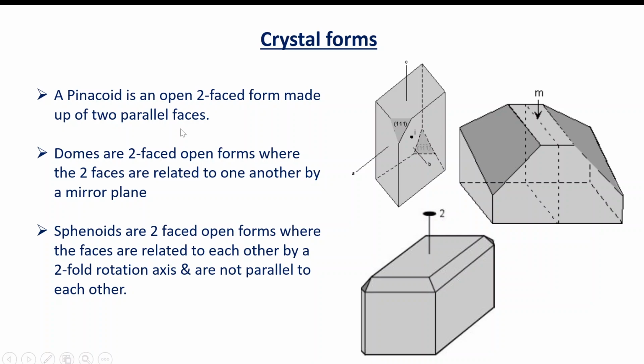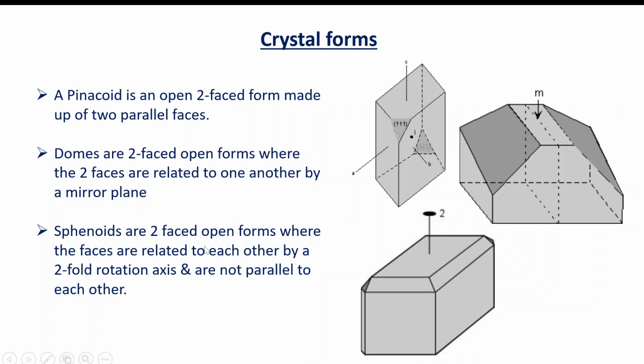Though this is not strictly a domal face, I can simply think there are faces like this. If I think of a mirror plane going through it like this, only a mirror plane is present. We will also talk about rotation in a bit. So the assemblage of these 2 planes will form a set of domal faces.